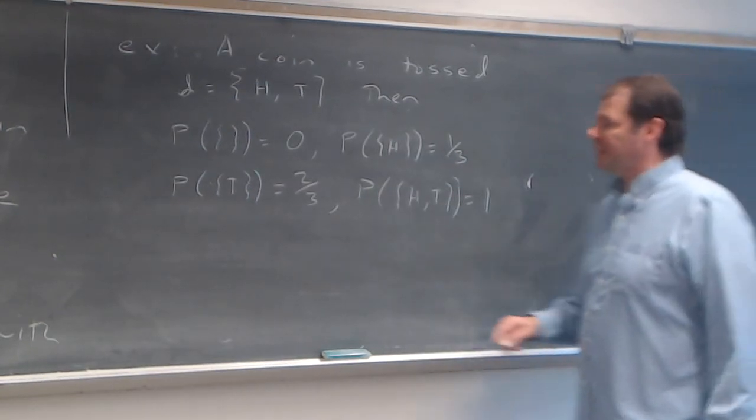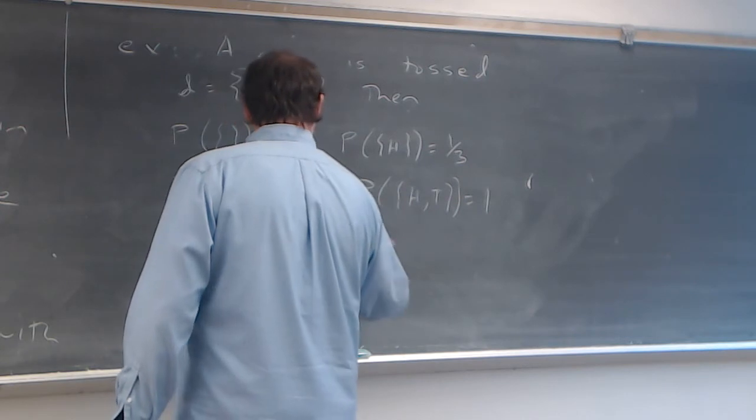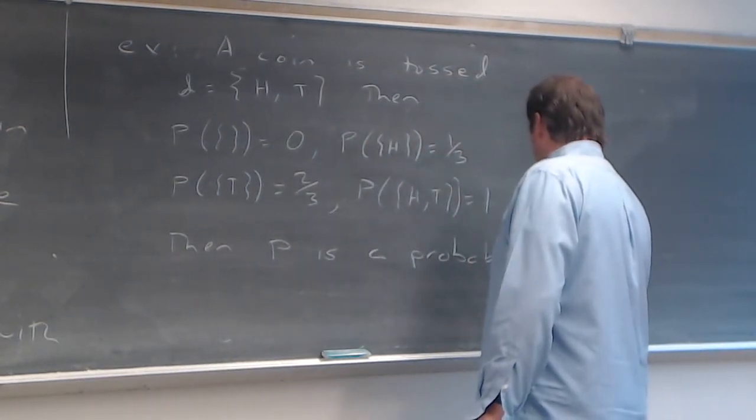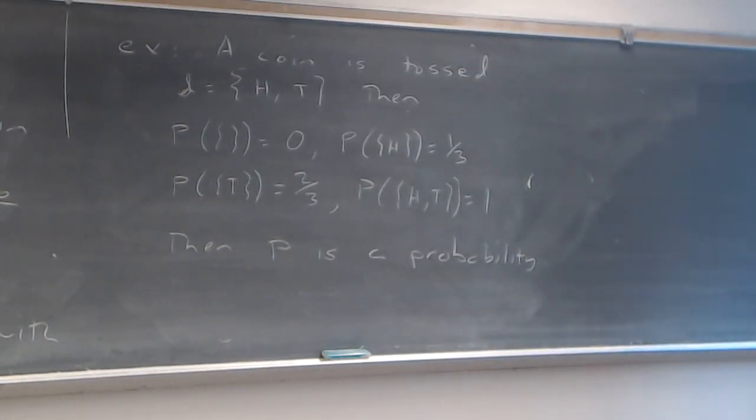Then P is a probability. It's a probability that would indicate that the coin was not a fair coin, if the chances of getting heads and tails weren't the same. But nonetheless, it's still a probability.